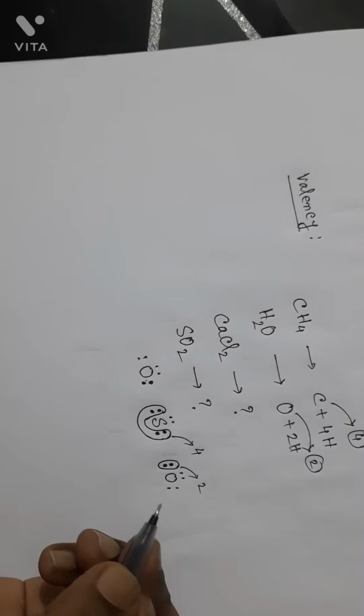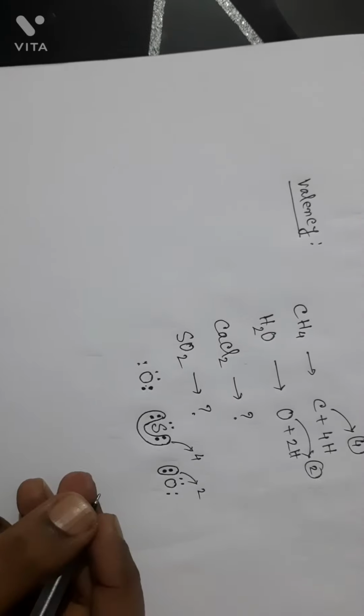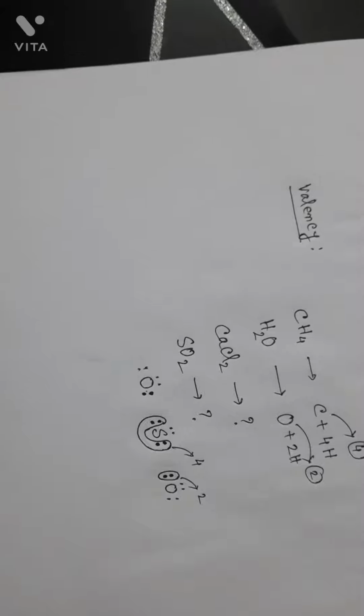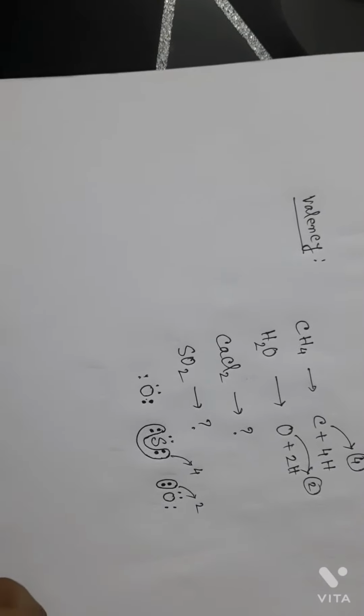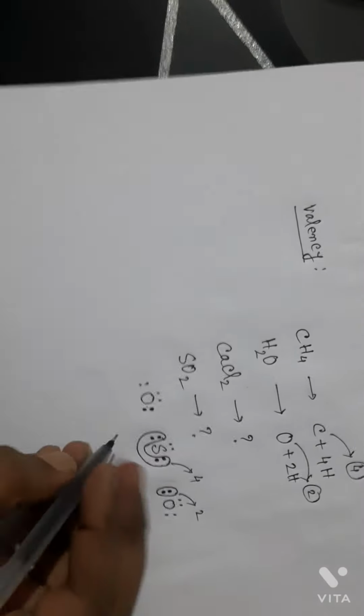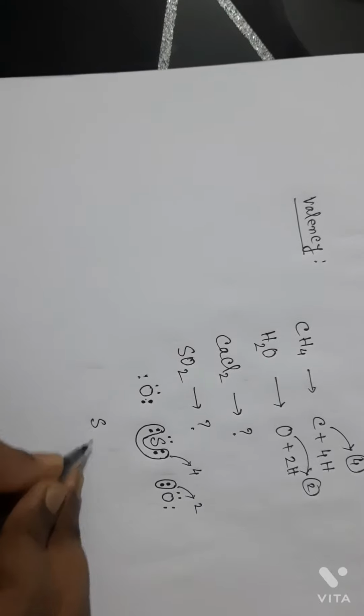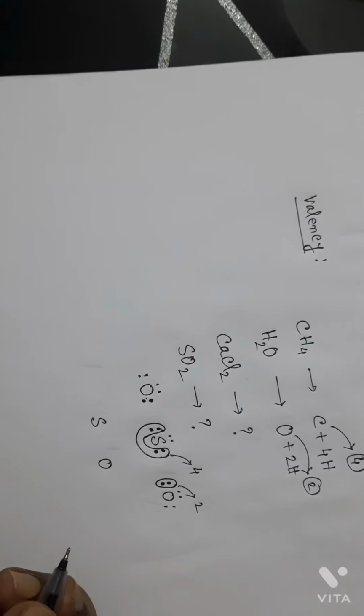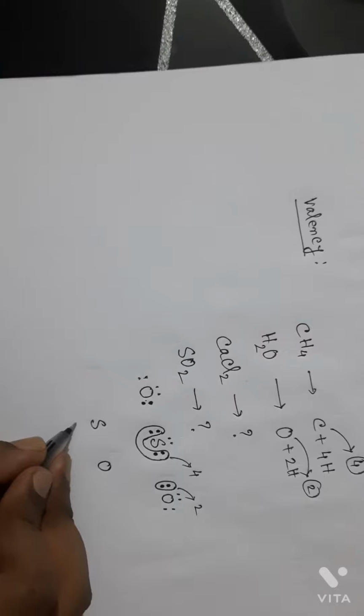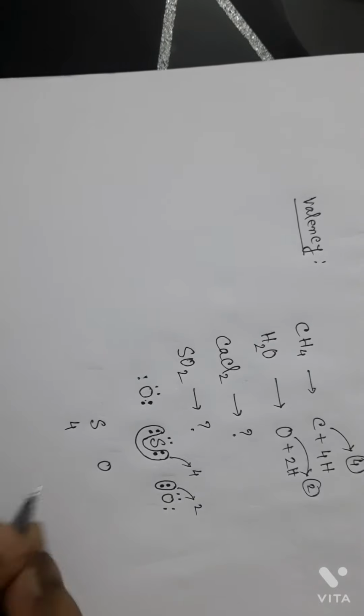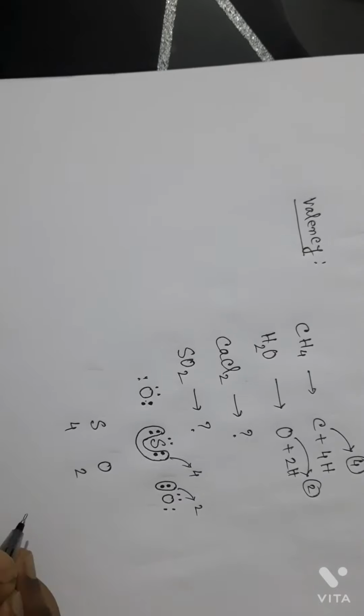And how can you form a compound by using the concept of valency? Say for example, sulfur and oxygen form sulfur dioxide. We know the valency of sulfur is 4 and the valency of oxygen is 2.